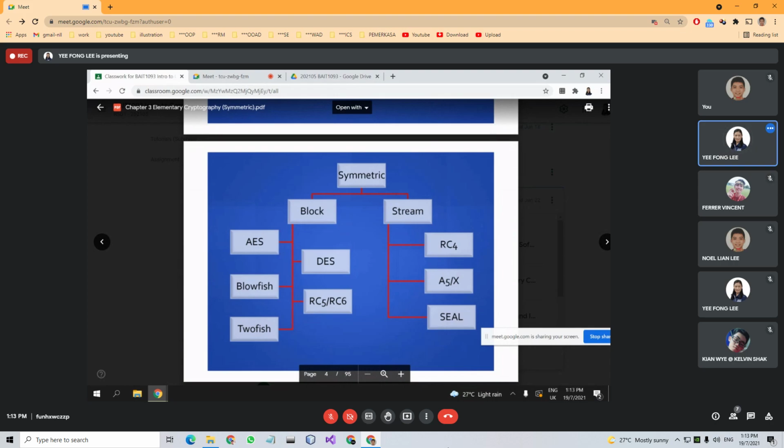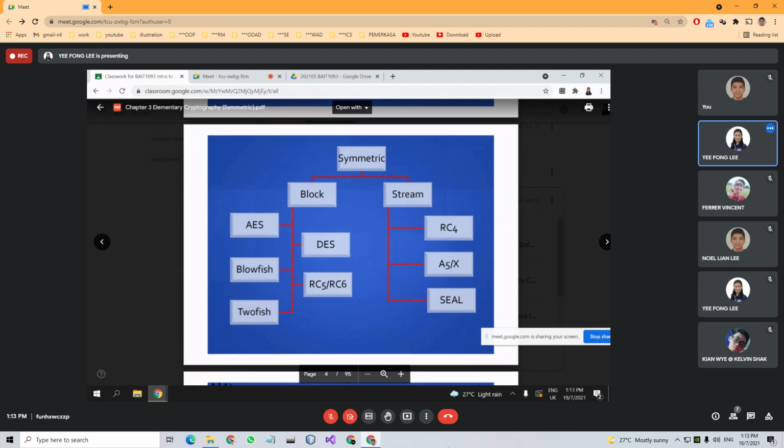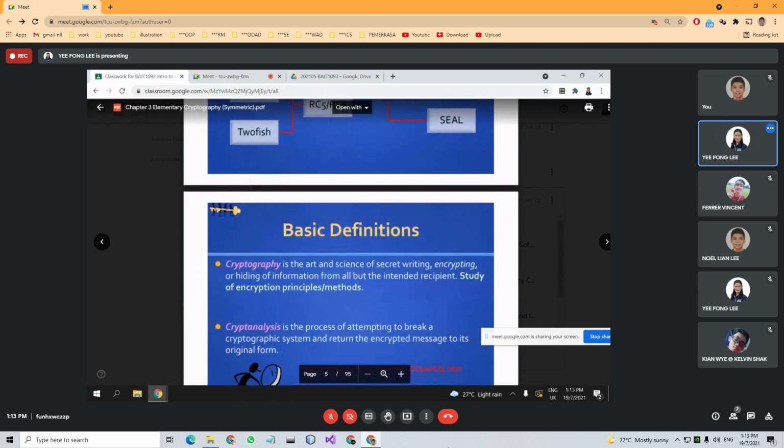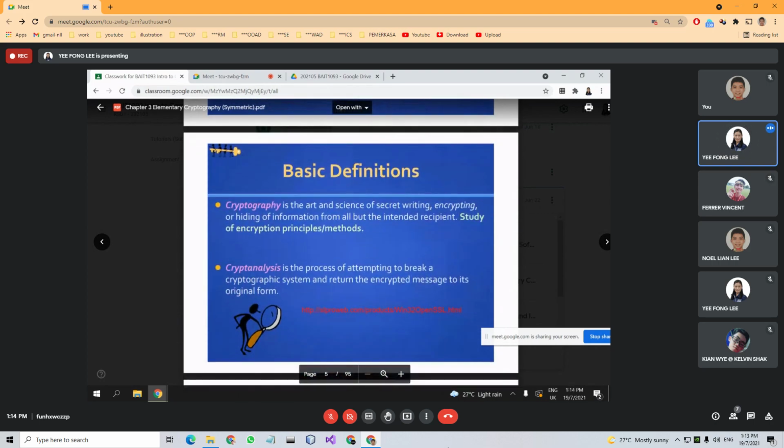The input and output enter by a block. Stream cipher is about input elements continuously, bit by bit. They are different: block by block or bit by bit. Again, symmetric encryption means both sender and receiver use the same key.